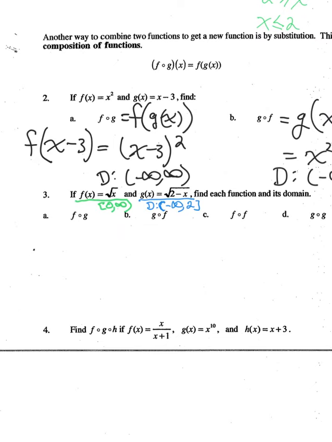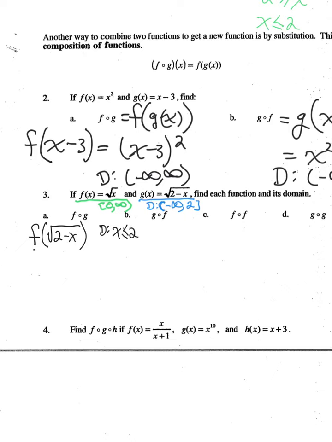So if I have f composed of g, then f is acting on g, the square root of 2 minus x. So now that I've put this square root 2 minus x in, I have a domain restriction that my x has to be less than or equal to 2.